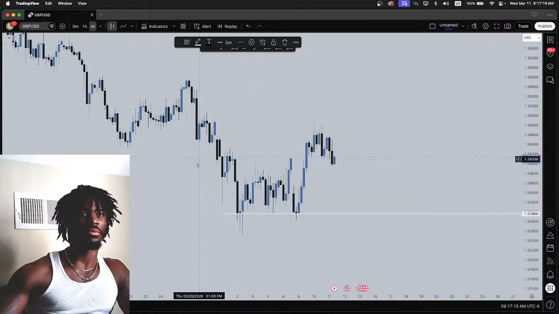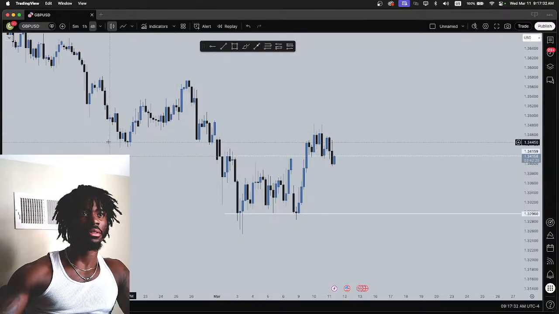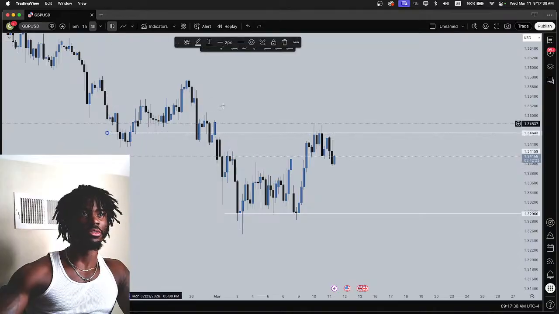That's the 4 hour. And I'm going to identify this next major area of resistance where price is currently trading at here, and then I want to identify a couple more zones. This major resistance.